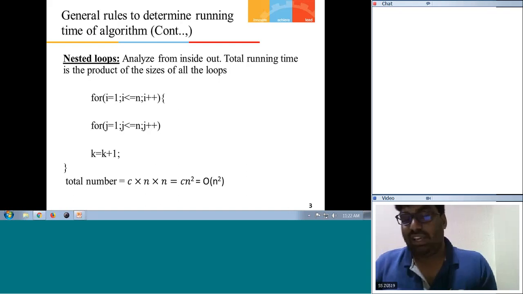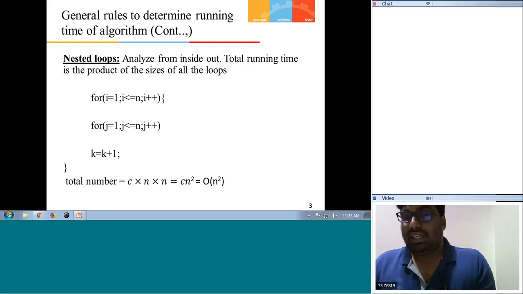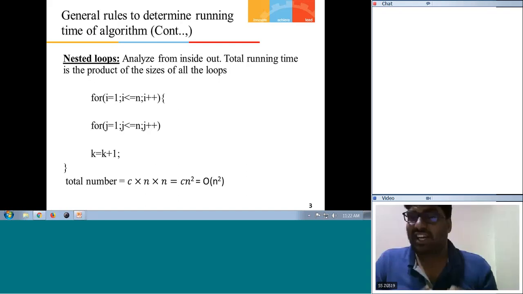Now here I have already given an answer, I'm sorry, but let's see how the loops run. Your program actually runs from top to bottom, but for easier understanding, we are making the assumption that we calculate from the inside out.